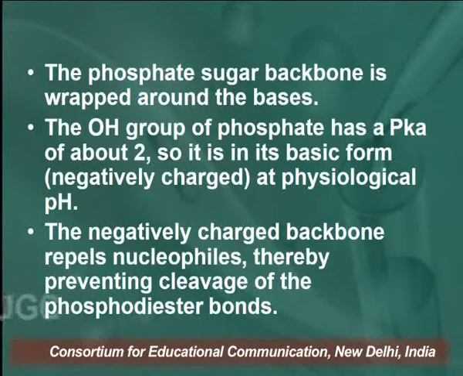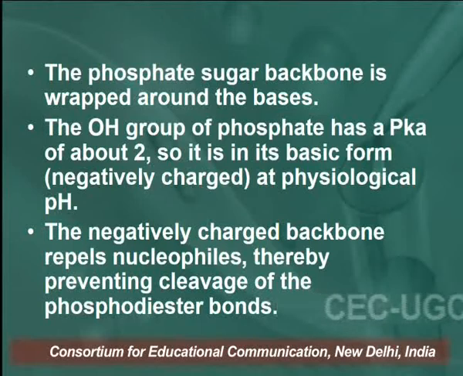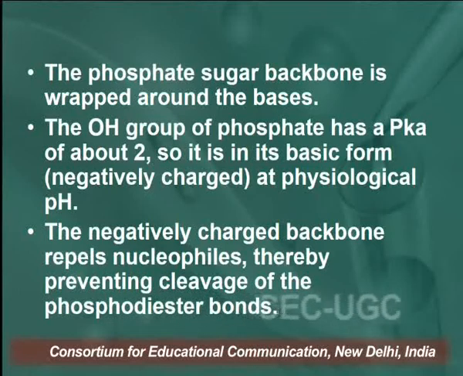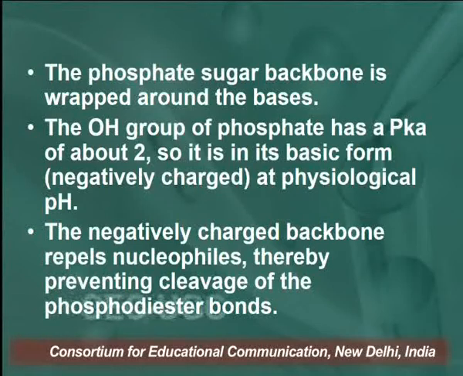The phosphate sugar backbone is wrapped around the bases, and the OH group of phosphate has a pKa value of about 2. So it is in its basic form, which is negatively charged at physiological pH. The negatively charged backbone repels nucleophiles, so it prevents cleavage of phosphodiester bonds.